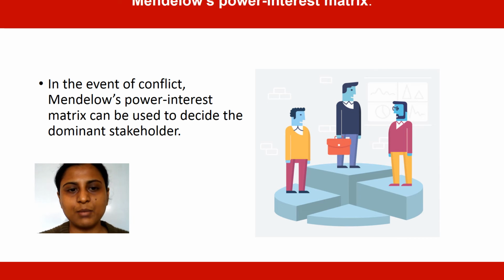For example, a director is likely to have higher power and higher interest in the organization, whereas the government will have high power to impact via regulations, but potentially it will have lesser interest in the organization.